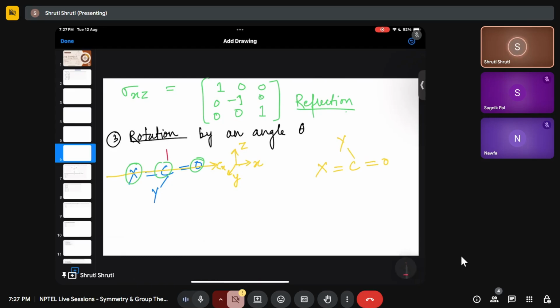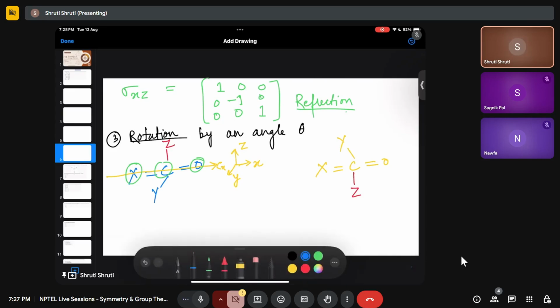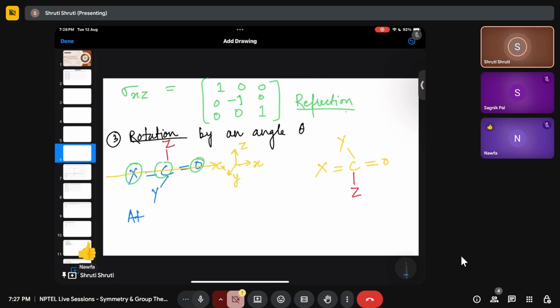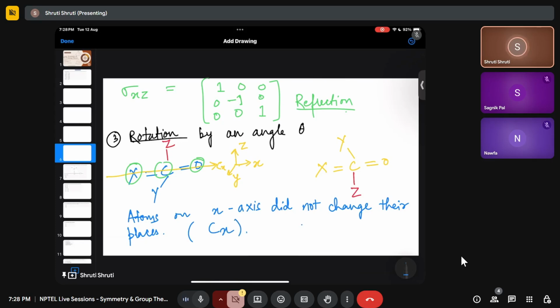Now let me write one more Z here. So Z will come over here. So atoms on x-axis did not change their places. Why? Because we had applied Cx. So what is changing is these two coordinates. So now we have to fix one and change the other two.